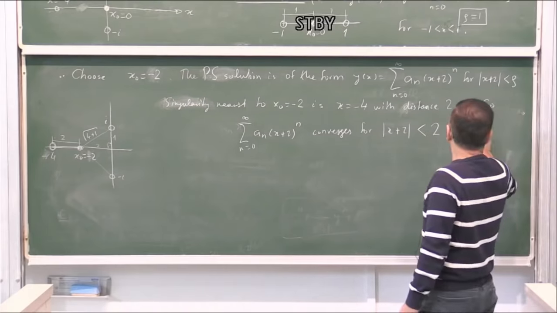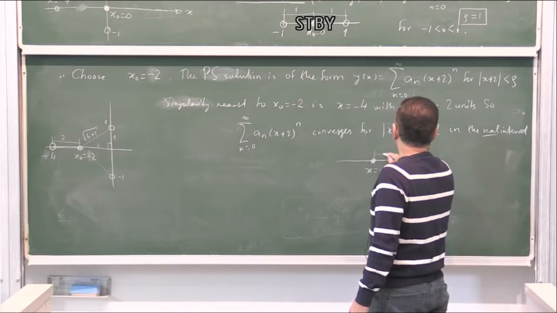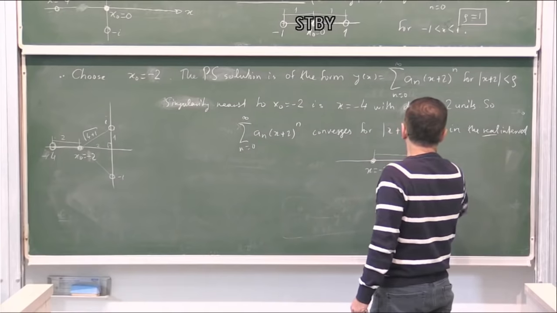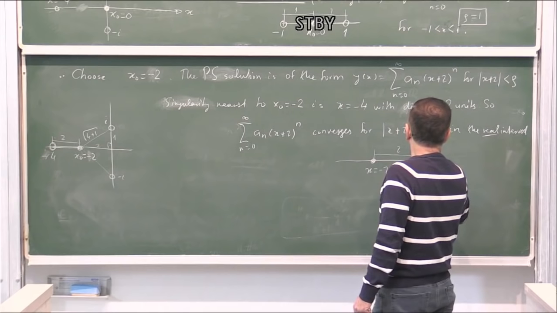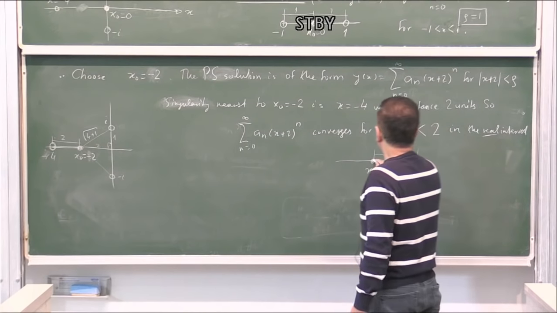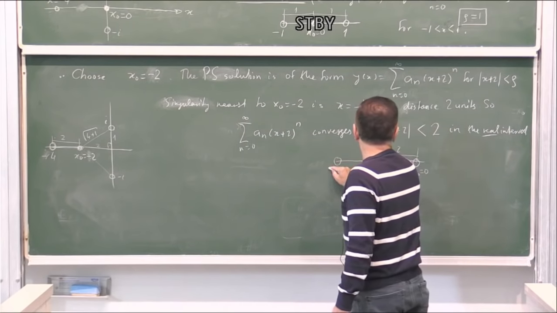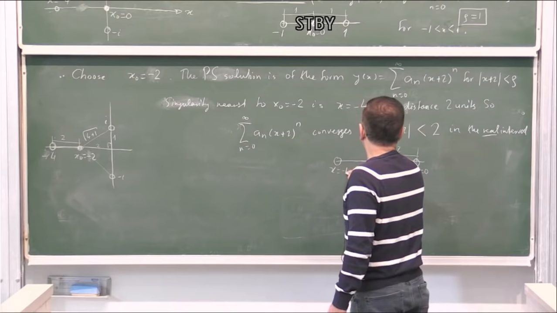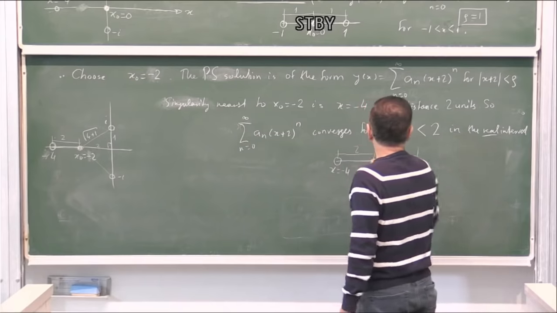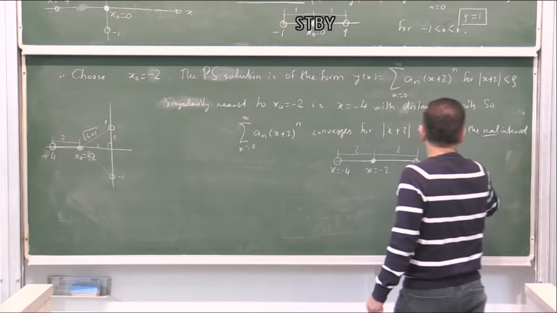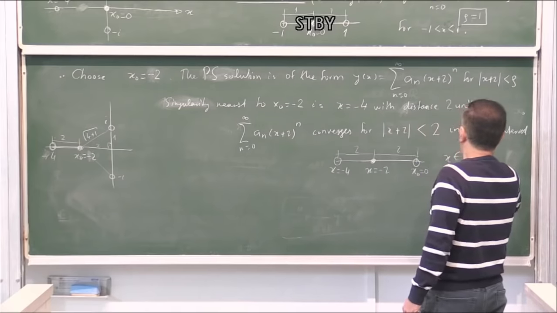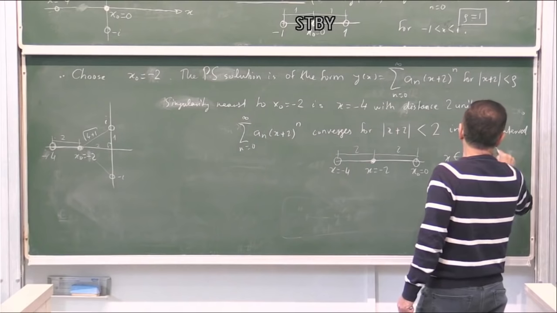In the real interval, x is minus 2, the radius of convergence is 2, so this is the point at the origin, and this is the nearest singular point. So in this interval, from minus 4 up to 0.